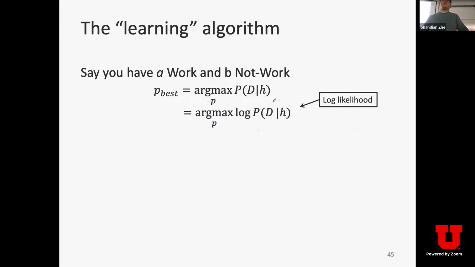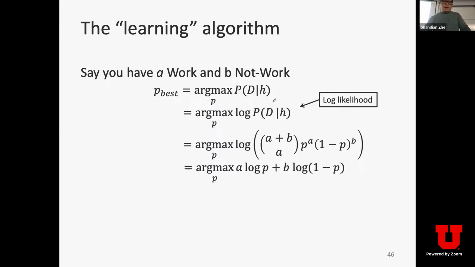That's why we take a logarithm, and it doesn't change the optimal value of P. In our case, P of D given H is a combination number times P to the power of A times 1 minus P to the power of B. This combination number is a constant with respect to P, so we can just get rid of it. Then our task amounts to maximizing the logarithm of this. Taking the power in front of the log, the objective becomes A log P plus B log(1 minus P).